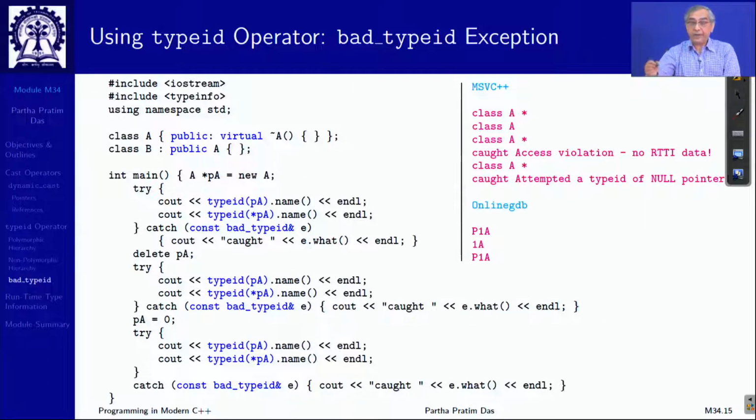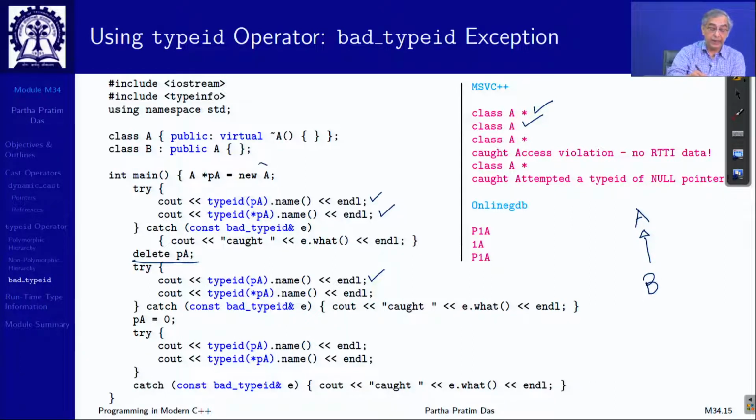So, if the type IDs are bad, then it throws an exception. This is fine, type ID star A, again the context is the same and this is a polymorphic hierarchy. If I do star type ID of star P, I get this. Now I have deleted the object.